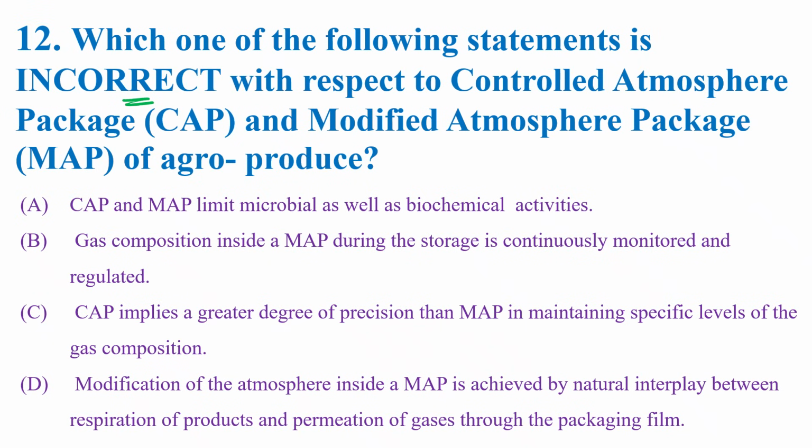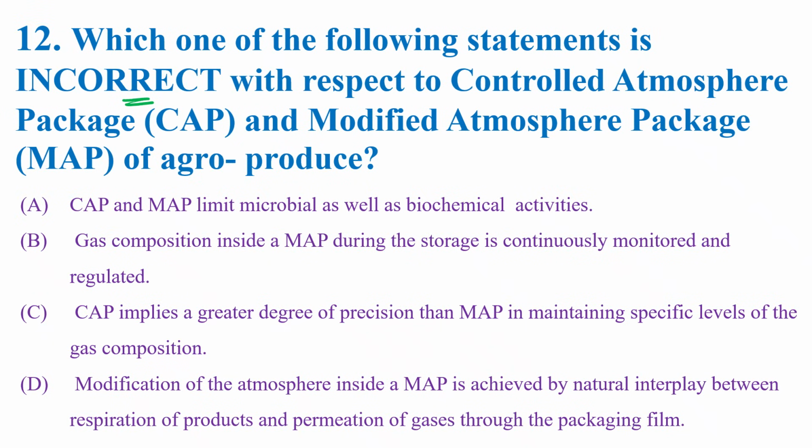Over here my incorrect statement is option B, that is, gas composition inside a modified atmosphere packaging during storage is continuously monitored and regulated. It is not continuously monitored or regulated. The gas levels are set initially and change passively due to respiration or permeation.